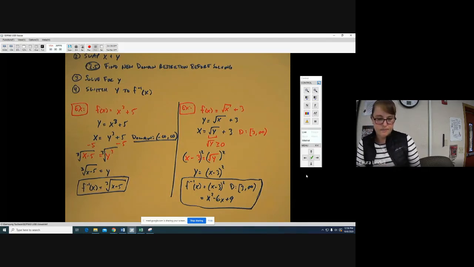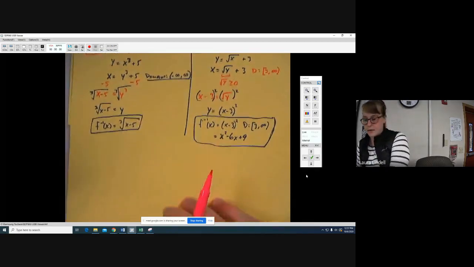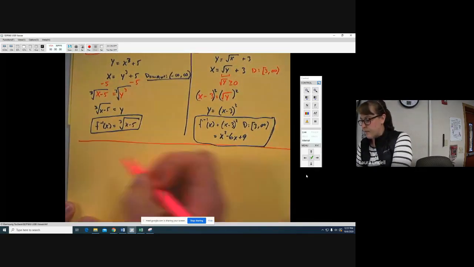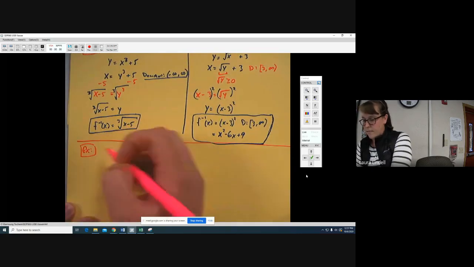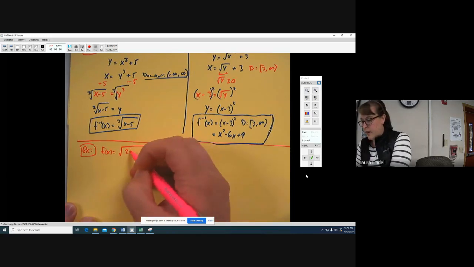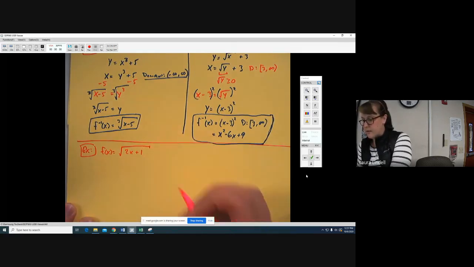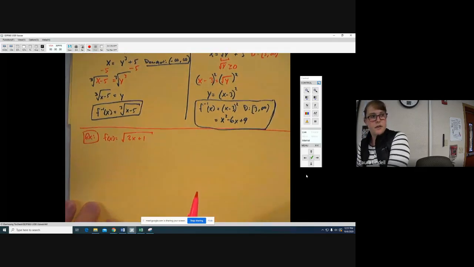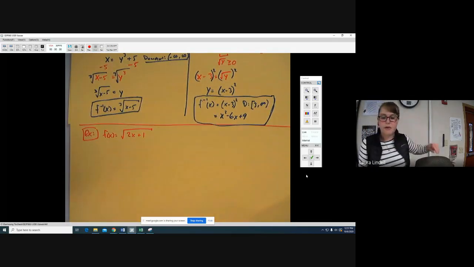Anyways, let's have you guys try one. This time f of x equals the square root of 2x plus 1. Go ahead and try finding the inverse and any restrictions to the domain. And when you think you've got it, type down in the chat.